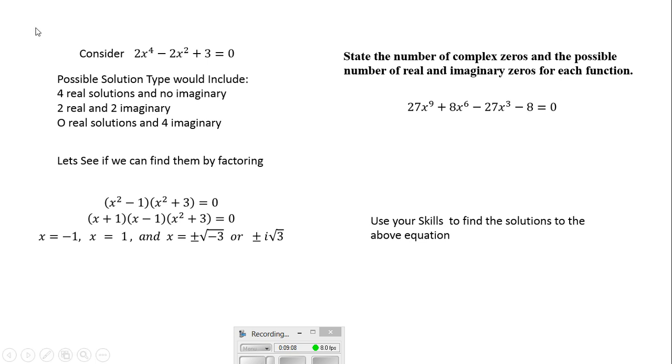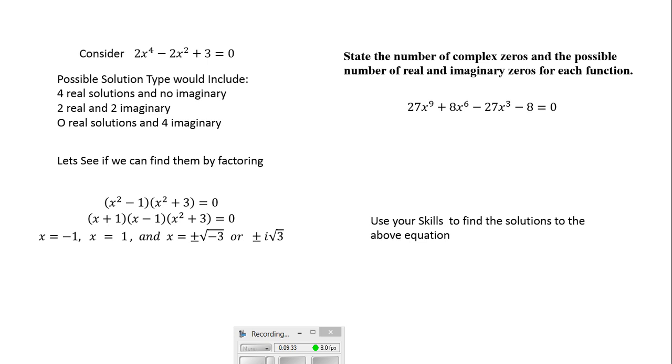Well, we could have two real and two imaginary, again owing to the fact that imaginary must come in pairs, okay? We could have four imaginary, in which case we'd have zero reals. Or we could have four real solutions and no imaginary solutions, okay?